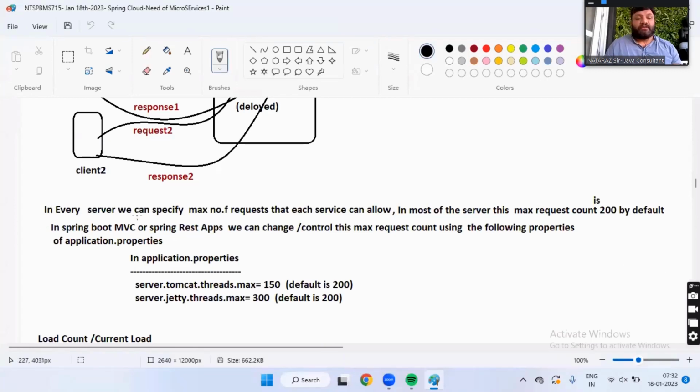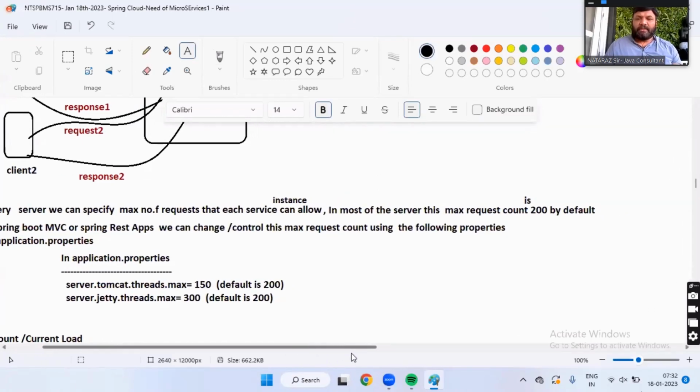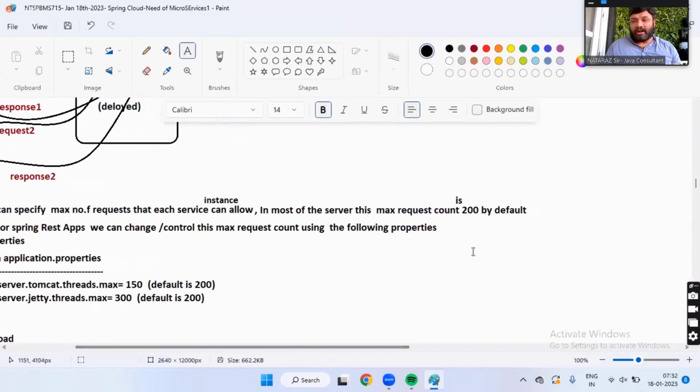In every server, we can specify the maximum number of requests that each service instance can allow. In most servers, this max request count is 200 by default, 200 at a time.